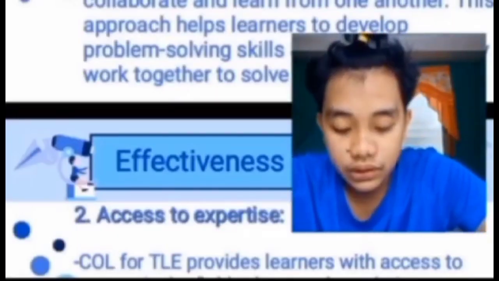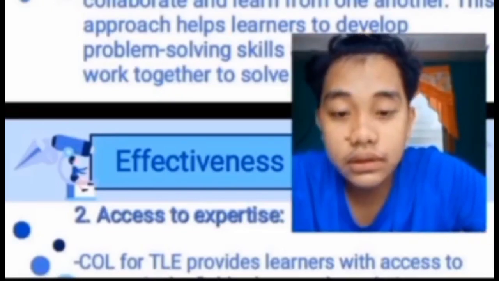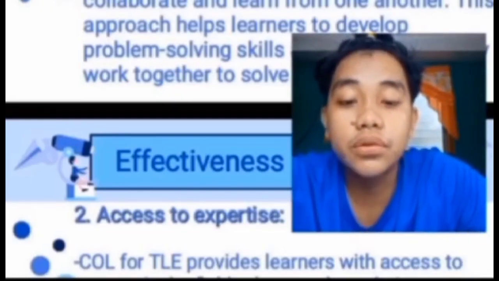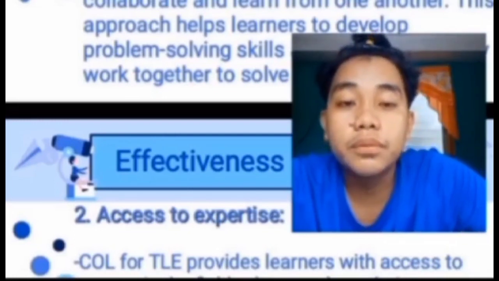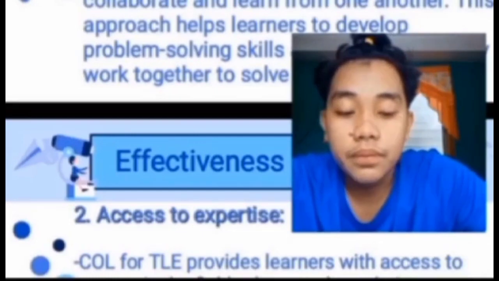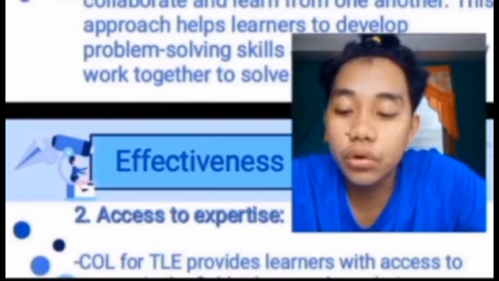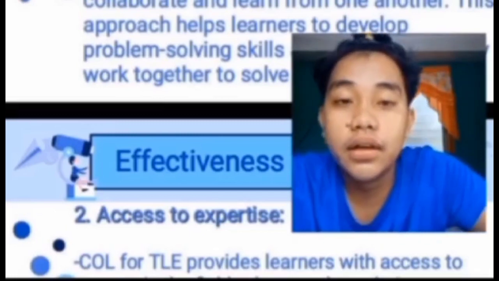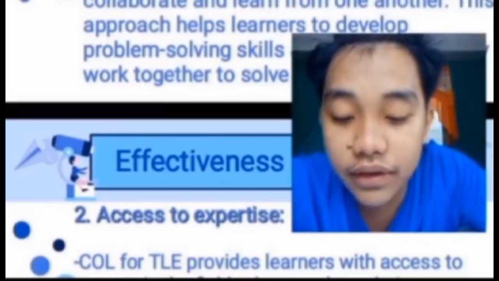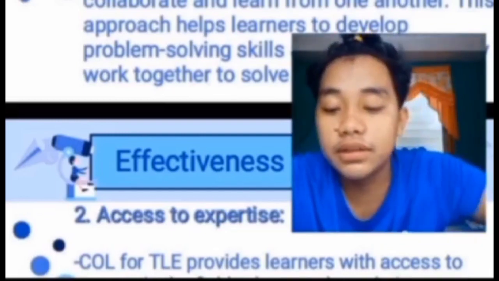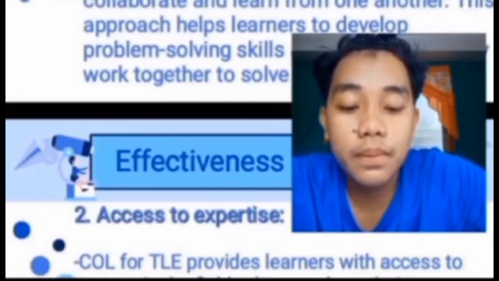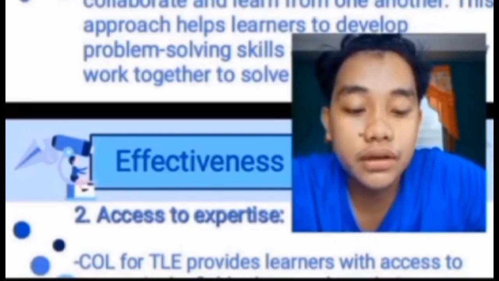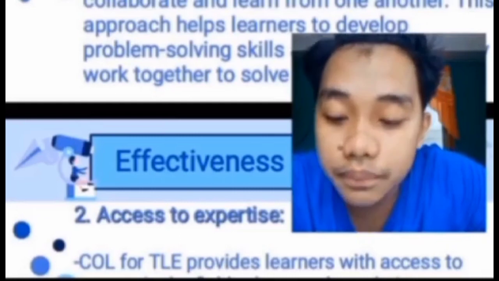Through COL, the learners now have the capacity to market. So in professional networking, they have the capacity or access to market or showcase their ideas or their products made for another industry. So they can engage in work in the industry through an internship program.